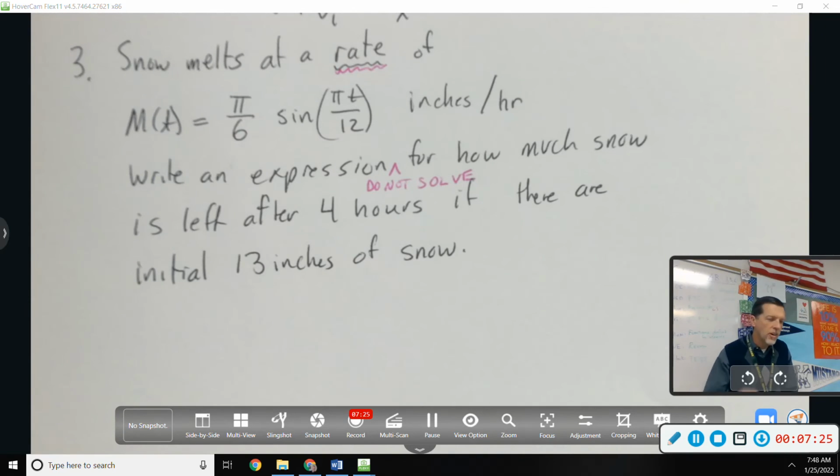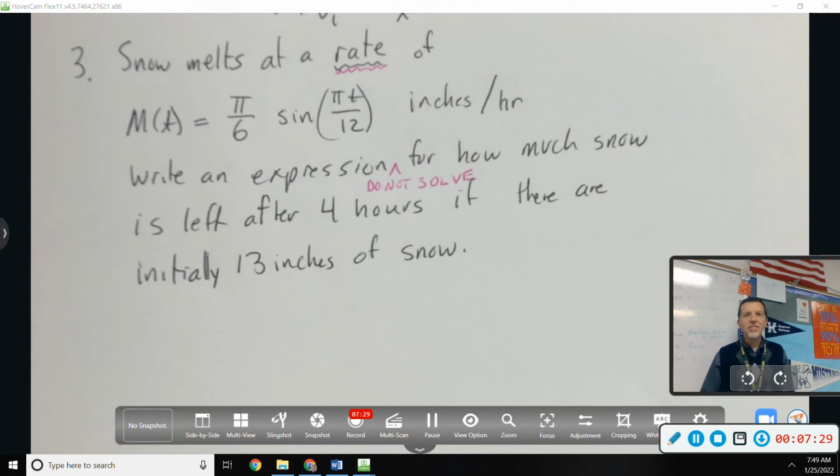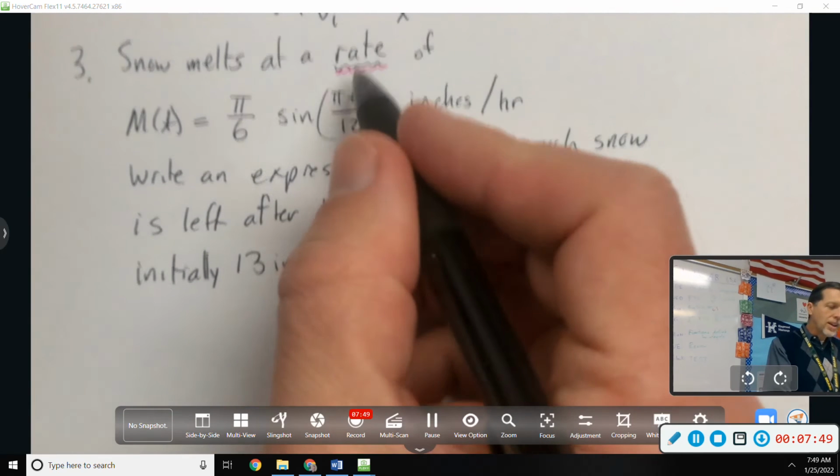If there are initially 13 inches of snow. So if I have the rate that it's melting, how can I get how much is melted? If I have the rate, what should I do to go backwards to the amount? Integrate it, because rate is a derivative.